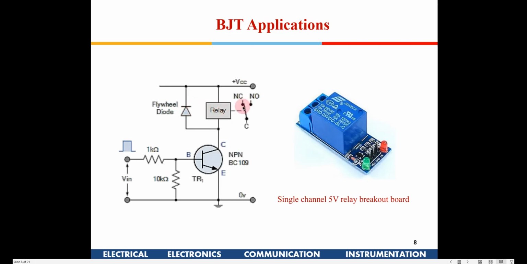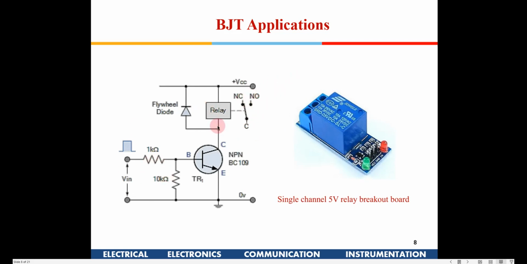Now once you operate the relay, you will have normally open and normally closed contacts. Normally closed means whenever the relay is not energized, this contact will be made, and when the relay is energized, this contact will be made. So you have one switch here, right? This switch can be used to operate 230 volt also. You can give a 230 volt here and you can connect your fan, AC, lights and things like that, right?